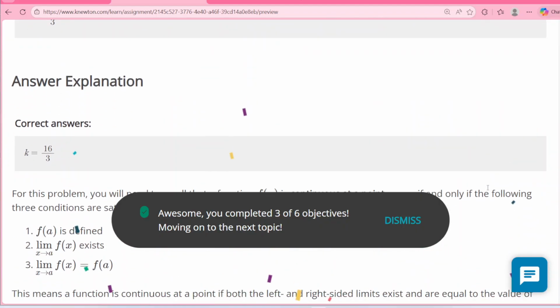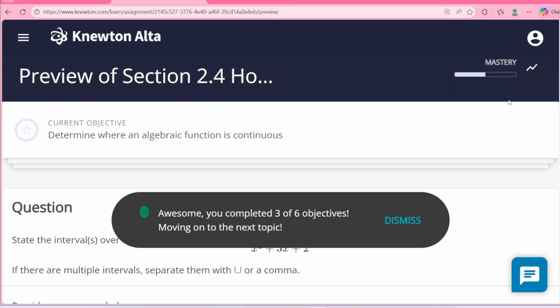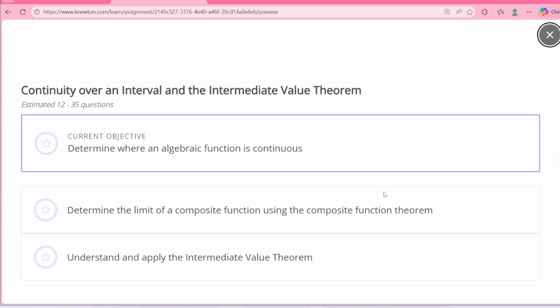All right, so now all those objectives are done, right, from that one section called continuity at a point. So you see that here. Now I'm going to be in this continuity over an interval and the intermediate value theorem for the last part of this video.